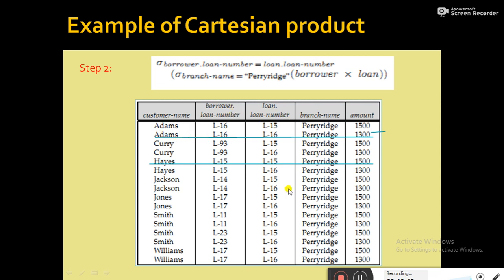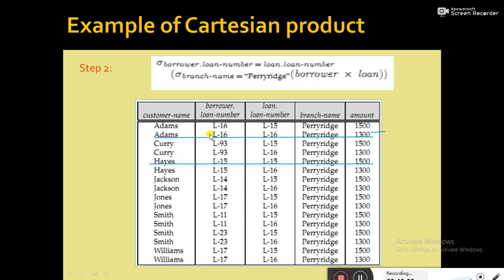As we know, the Cartesian product operation combines all the information from borrower to loan. That means all the records of borrower are associated with every record of loan. Now in the next operation, we have to select only those records for which borrower dot loan number and loan dot loan number are the same.